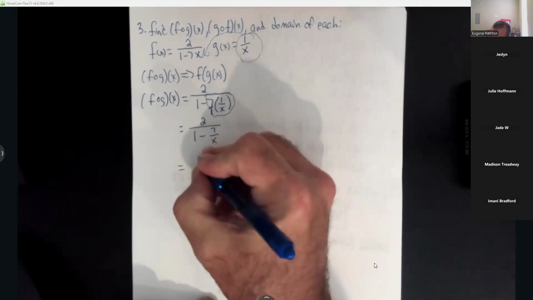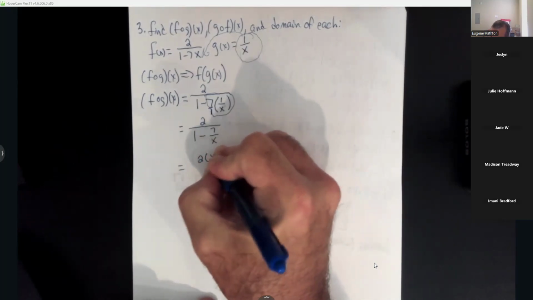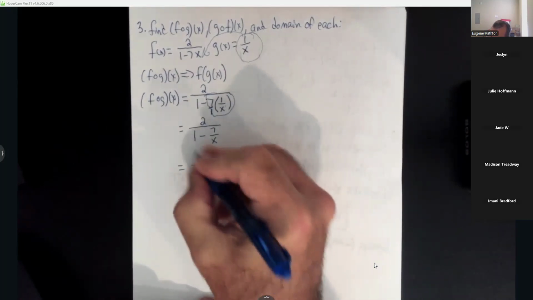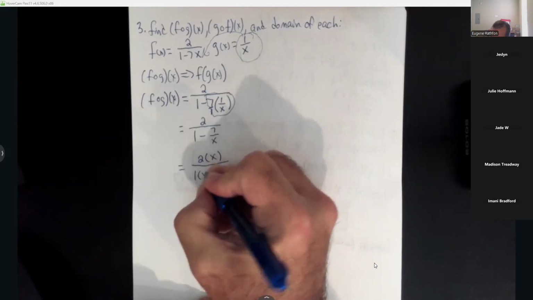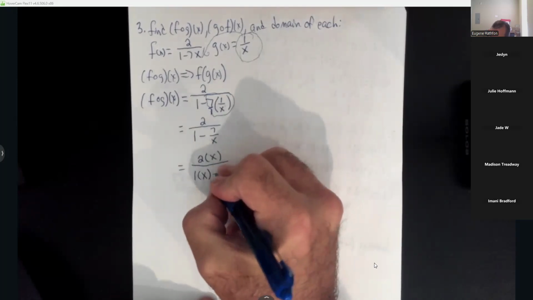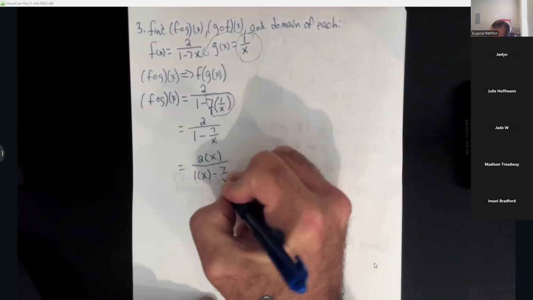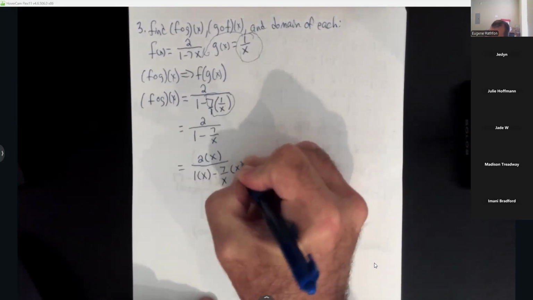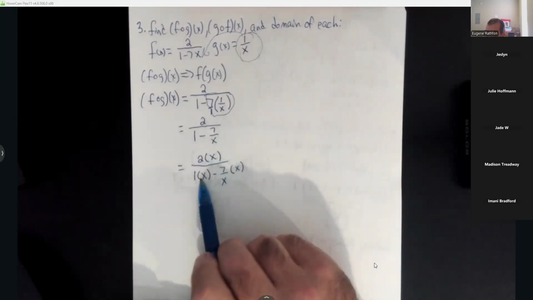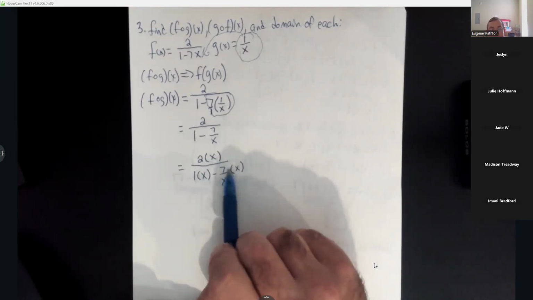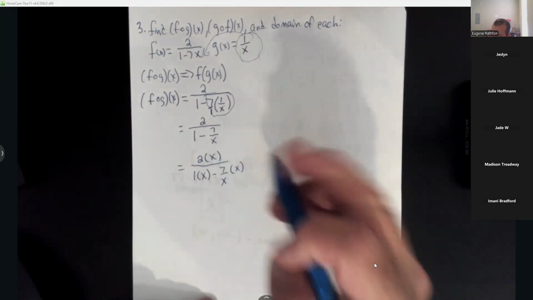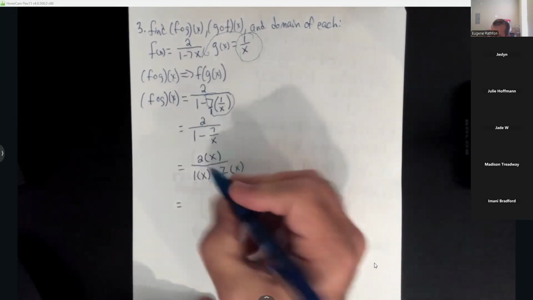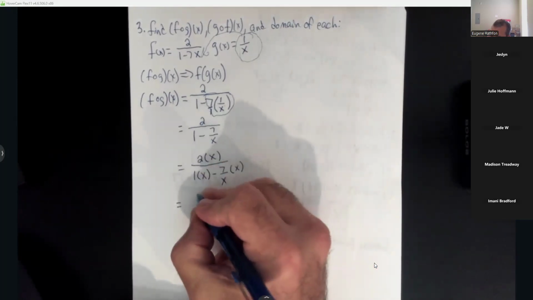So that's going to be 2 times x on top, 1 times x on the bottom minus my 7 over x times x. So all three of these parts have to be multiplied by that x. All right, also on top, 2 times x is 2x.